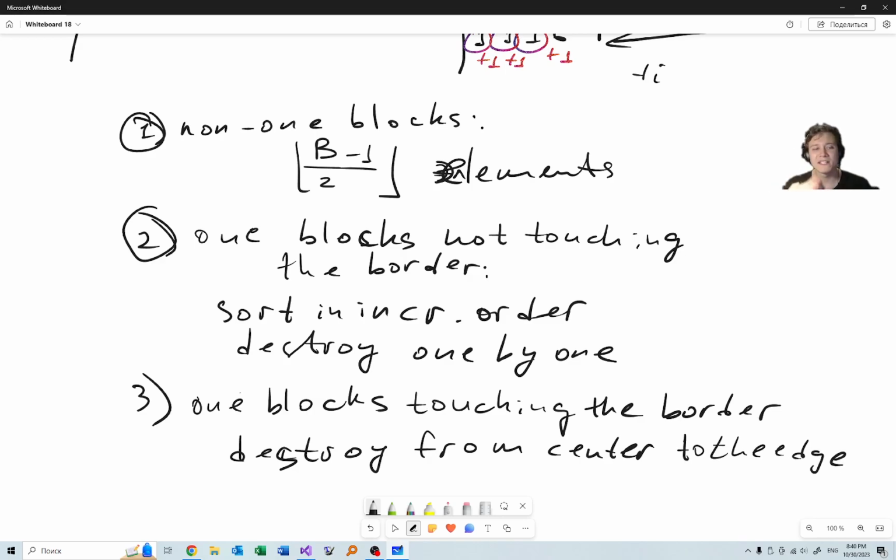Okay, I mean from one edge of the block to the other edge of the block. But if one of the edges is touching the border, then you definitely need to start with the other one of them.